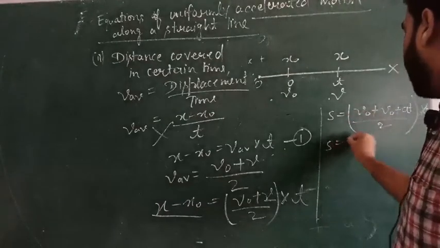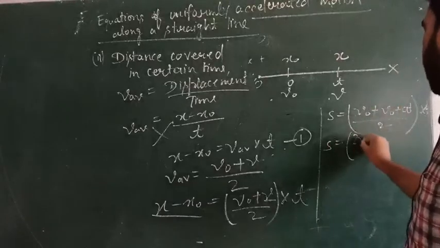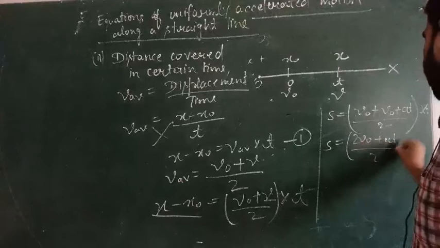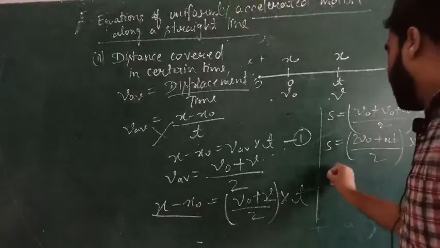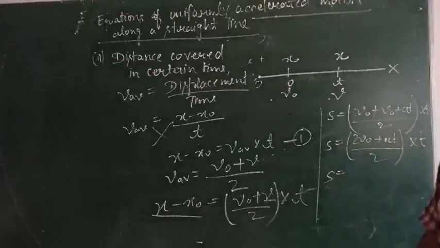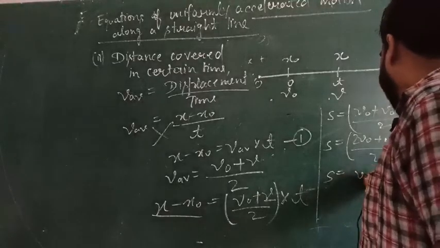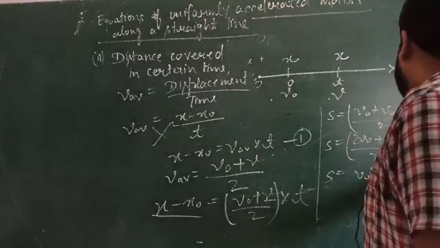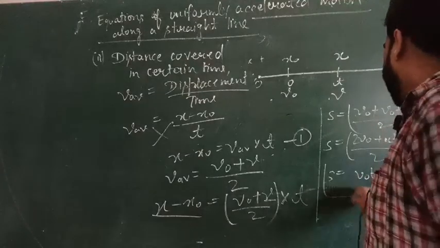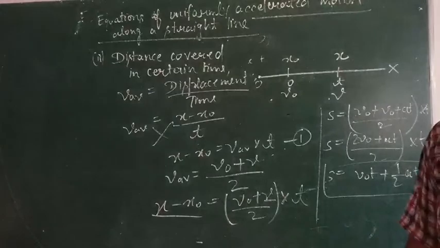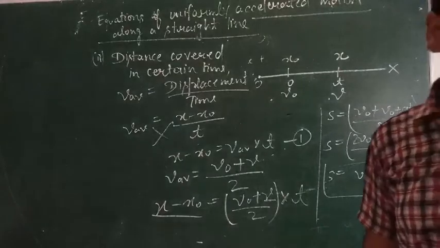So s is equal to 2v0 plus at divided by 2 into time t. So s will be 2v0 upon 2, which is v0 t, plus 1 upon 2 at square. So this is the second equation of motion by applying this simple method. I hope you understood this. Now students, we are going to do the third equation of motion.